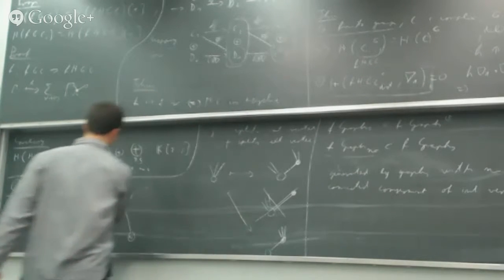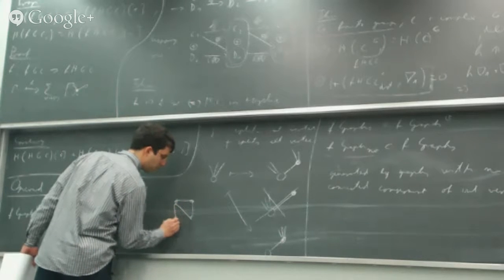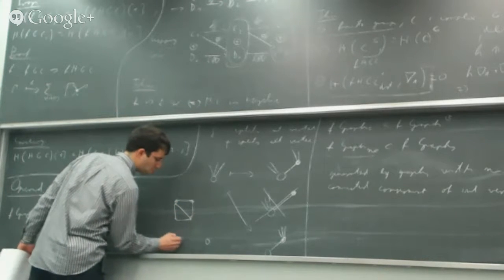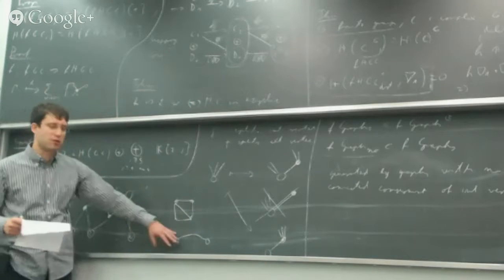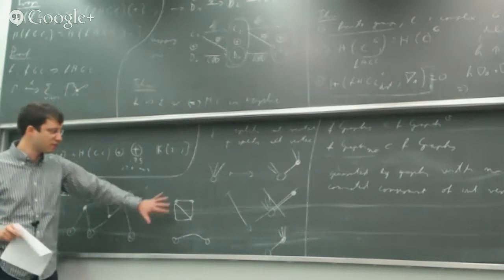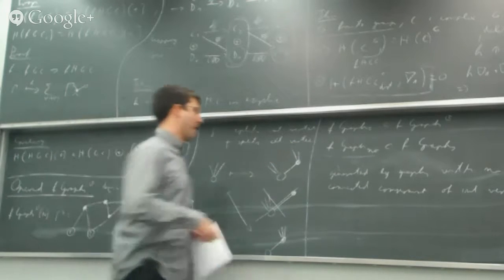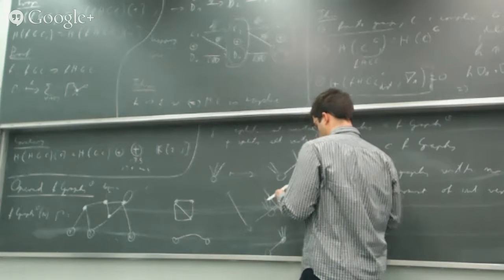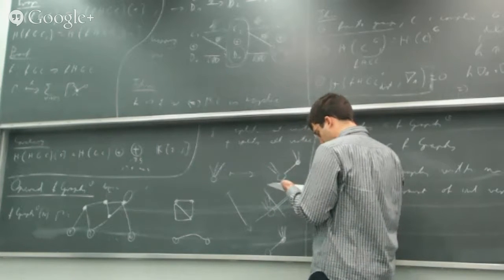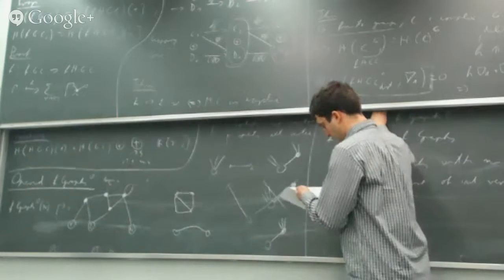Okay, so a priori here I'm allowed to have something like this, where this is completely disconnected from external vertices. But in here I don't want that. And there is a proposition. No, it's not a proposition, it's kind of clear. I will not show it.